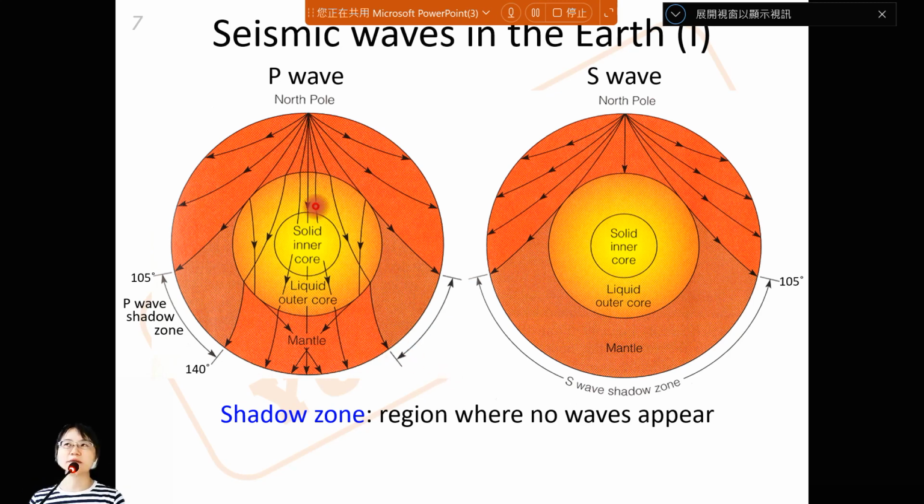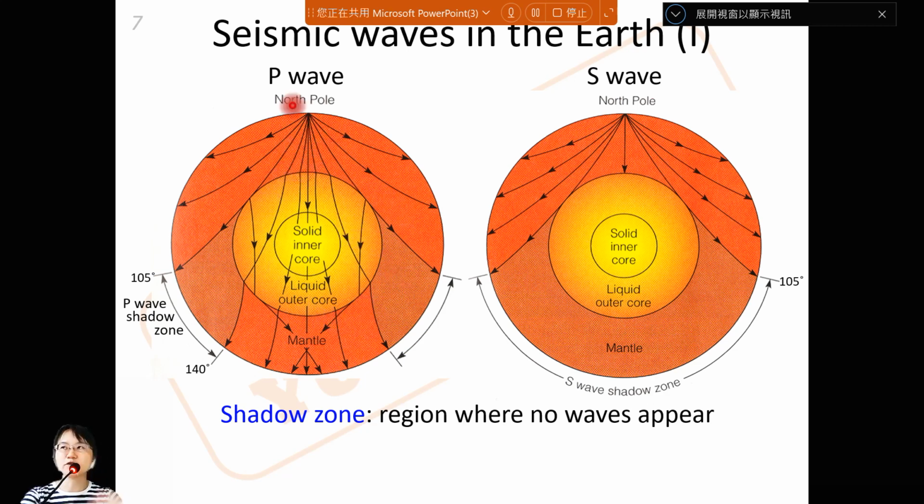Therefore, some observatory in the US or in Japan or elsewhere detected this earthquake and determined the epicenter and the magnitude. The good thing about this global network of earthquake observatories is that people can use the seismic waves to map the interior of the Earth.